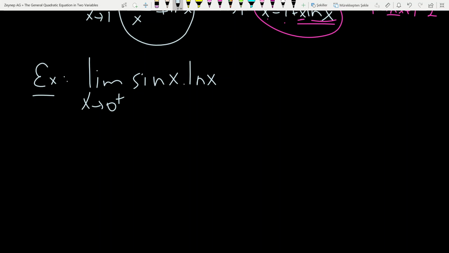When x tends to 0 from right, sine tends to 0 and ln tends to infinity. What do we have here? We have 0 times infinity case, which is called type 2 case. We have to convert this type to type 1 to have L'Hopital's rule. So let's continue.